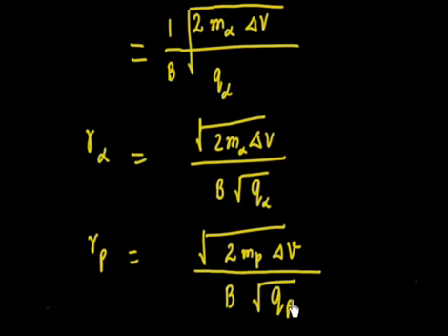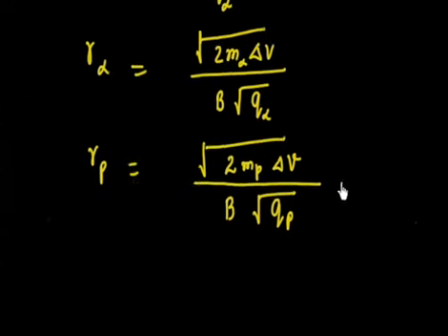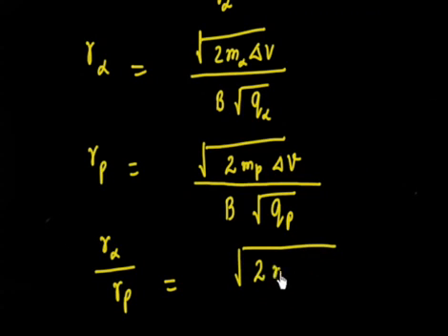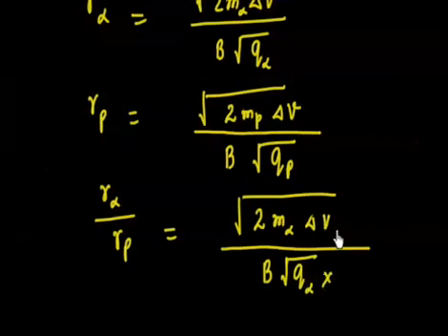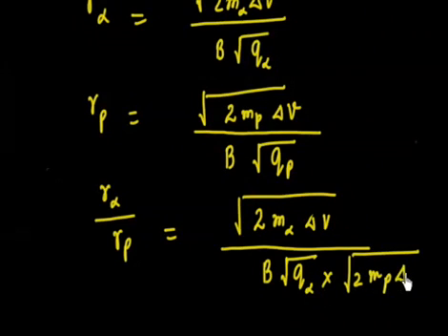Now if I divide these two, I get the ratio of the alpha particle radius to the proton radius.